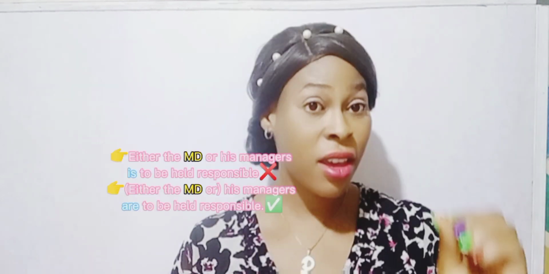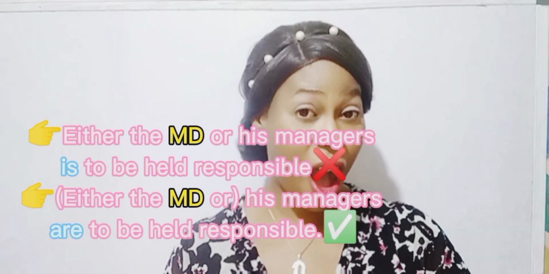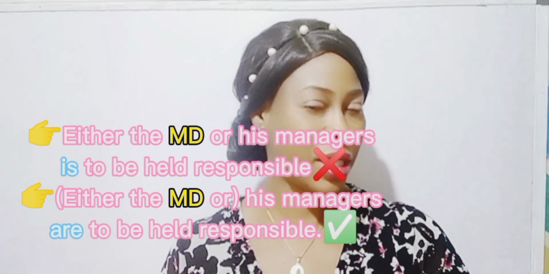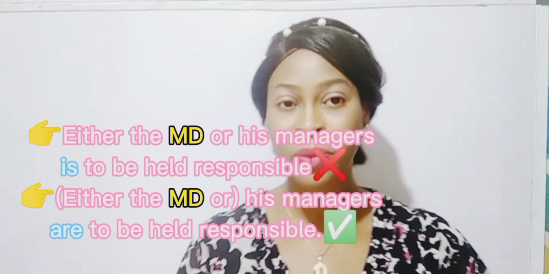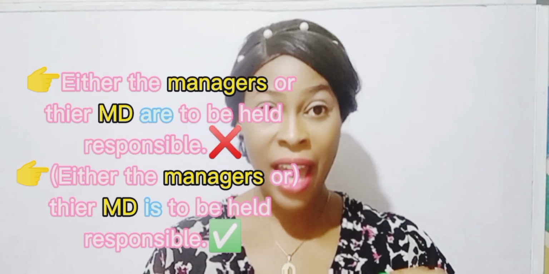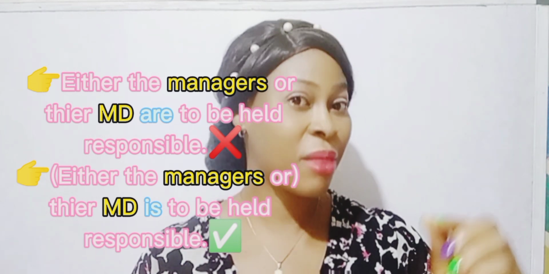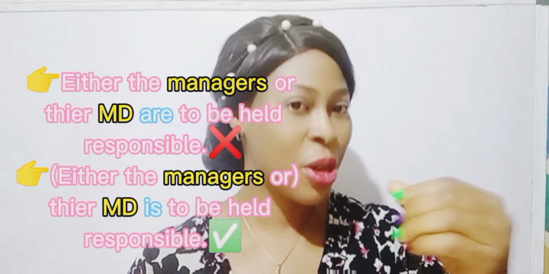Next is, "Either the MD or his managers are to be held responsible." His managers, plural, are plural. Next is, "Either the managers or the MD is to be held responsible."